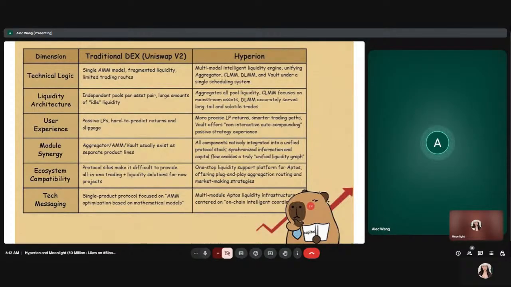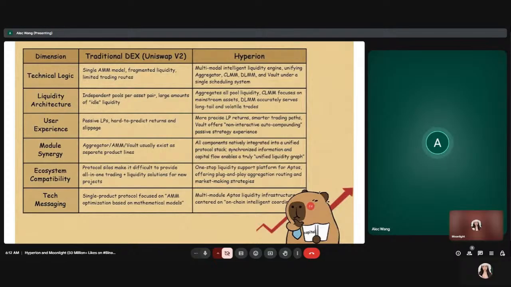So what we want to do is take a fundamentally different approach by building a multi-model intelligent liquidity engine. This system unifies the aggregator, so you could take an aggregator like OKX DEX, OKX Wallet, Bitget Wallet, or this kind of DEX aggregator, with which you could swap a lot of tokens in one place.